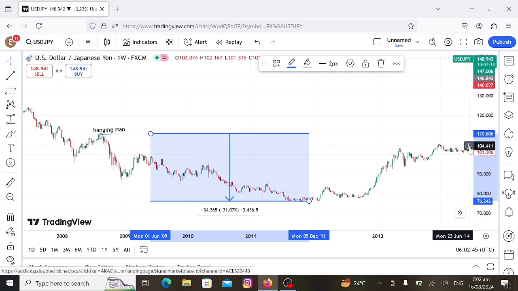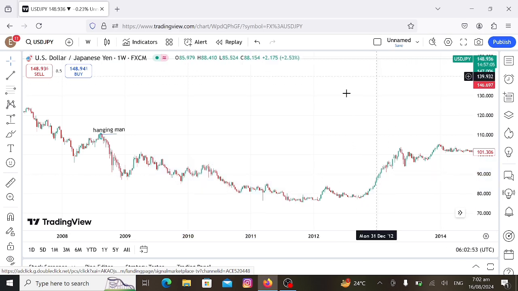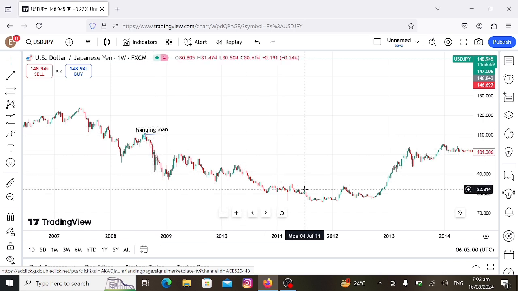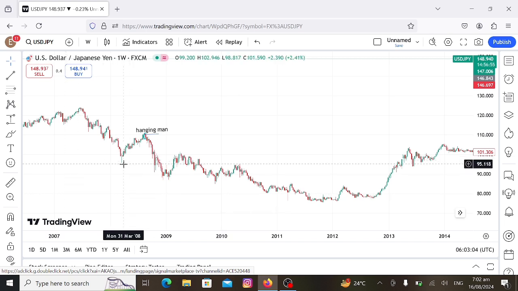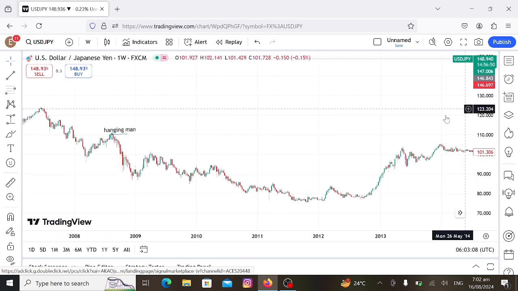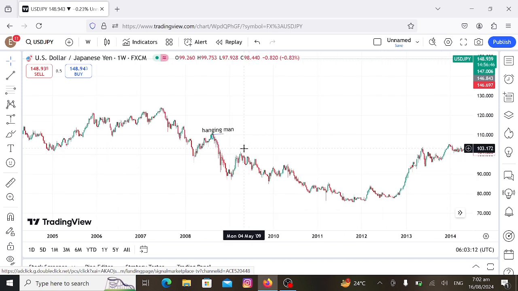Over 3,000 pips downward before reversing. So if you should trade that hanging man, you sell from this region down to this region. It takes away this liquidity, sell to this region before it starts reversing upward. So that is for the hanging man.